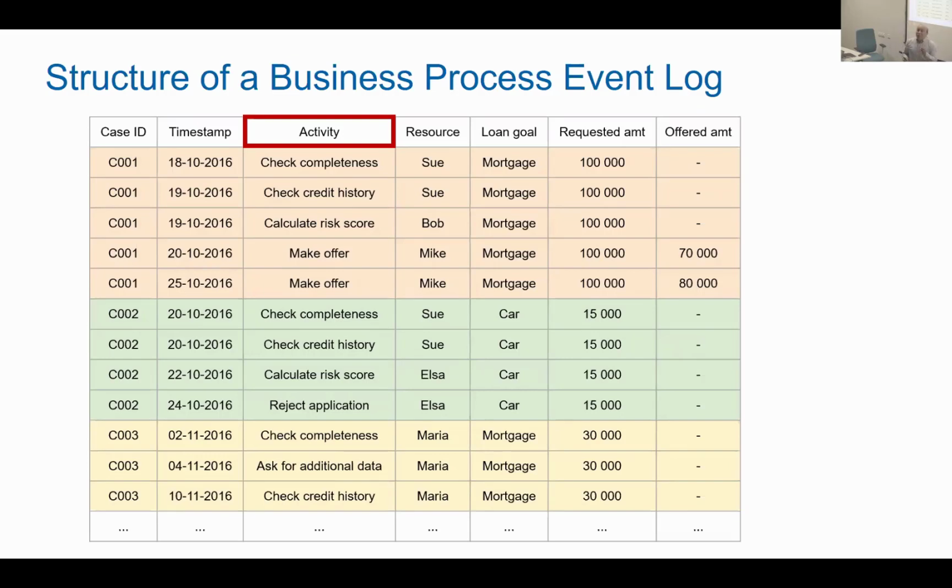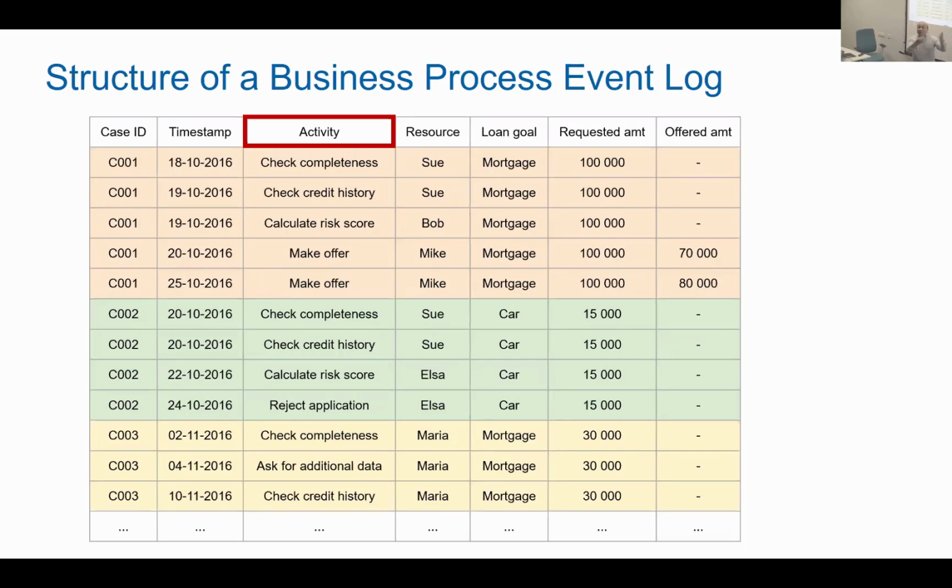We need to know the name of the activity that is being executed. For example, the first activity in a loan application handling process will typically be to check for the completeness of the loan application. Another one could be checking the credit history, or calculating a risk score for the customer, or making a loan offer to the customer, or making a second loan offer to the customer. All these are tasks that we will normally execute in the context of such a process.